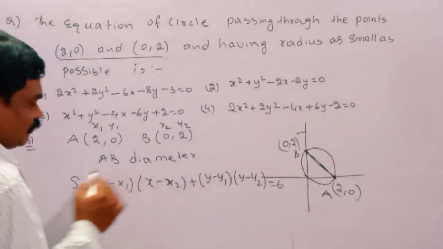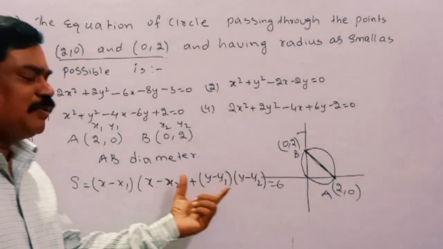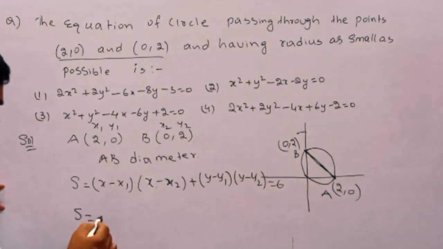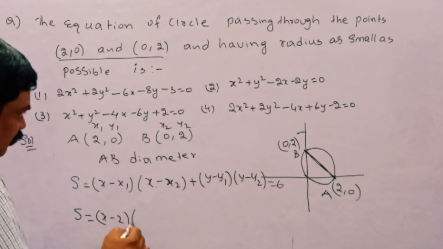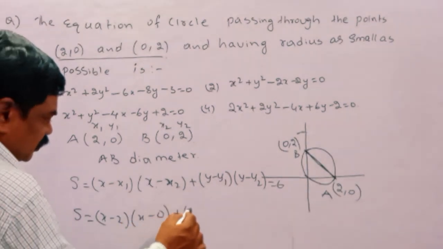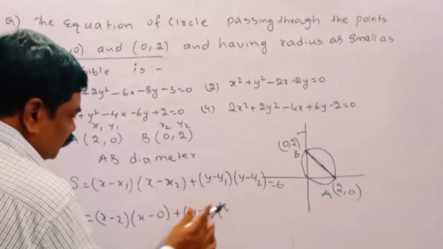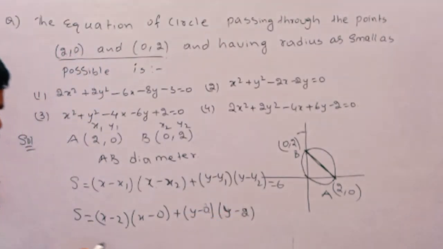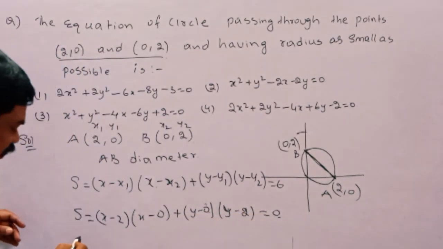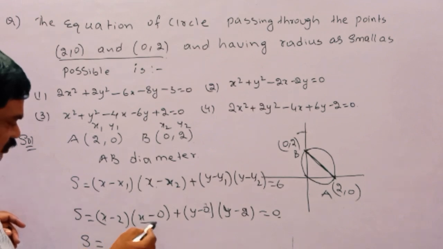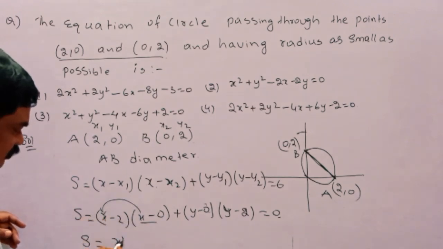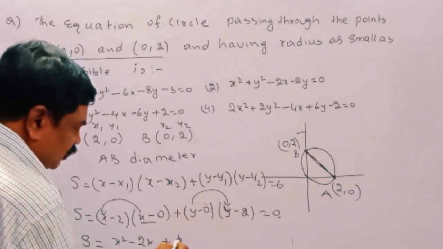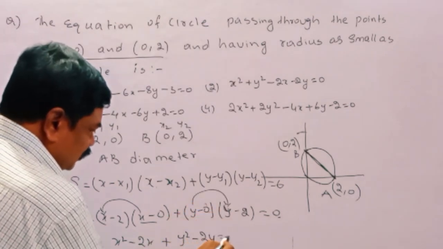That's why here S equal to x minus 2 into x minus 0 plus y minus 0 into y minus 2 equal to 0. So this is x into x minus 2, that is x square minus 2x, plus y into y minus 2, that is y square minus 2y, equal to 0.